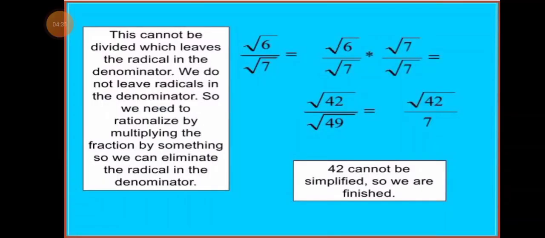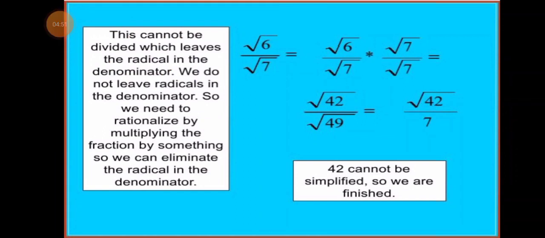This cannot be divided, which leaves a radicand in the denominator. We do not leave radicands in the denominator, so we need to rationalize by multiplying the fraction by something so we can eliminate the radicand in the denominator.